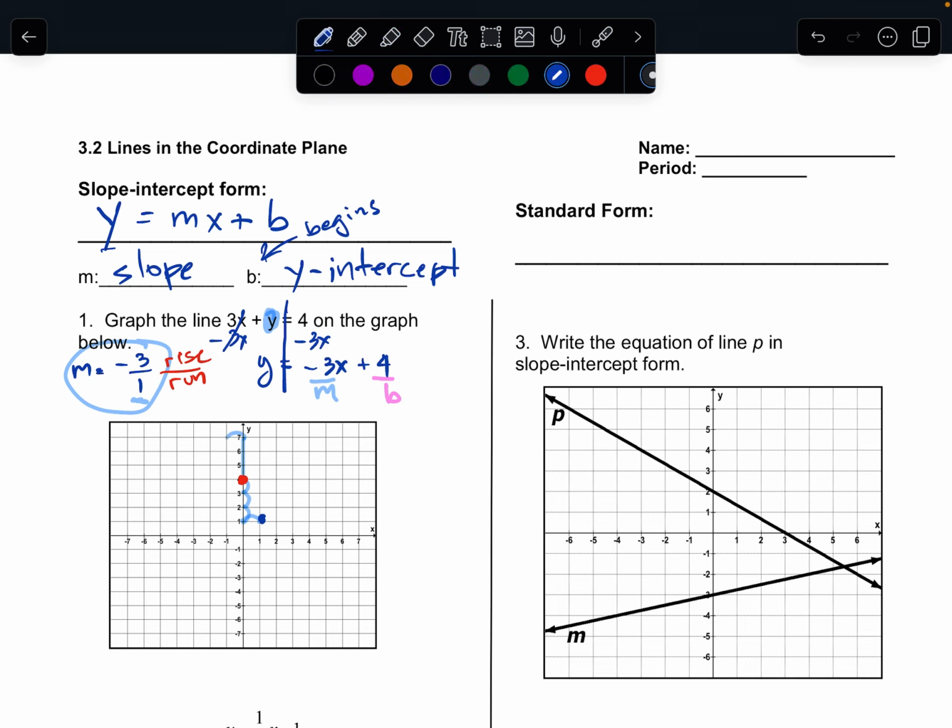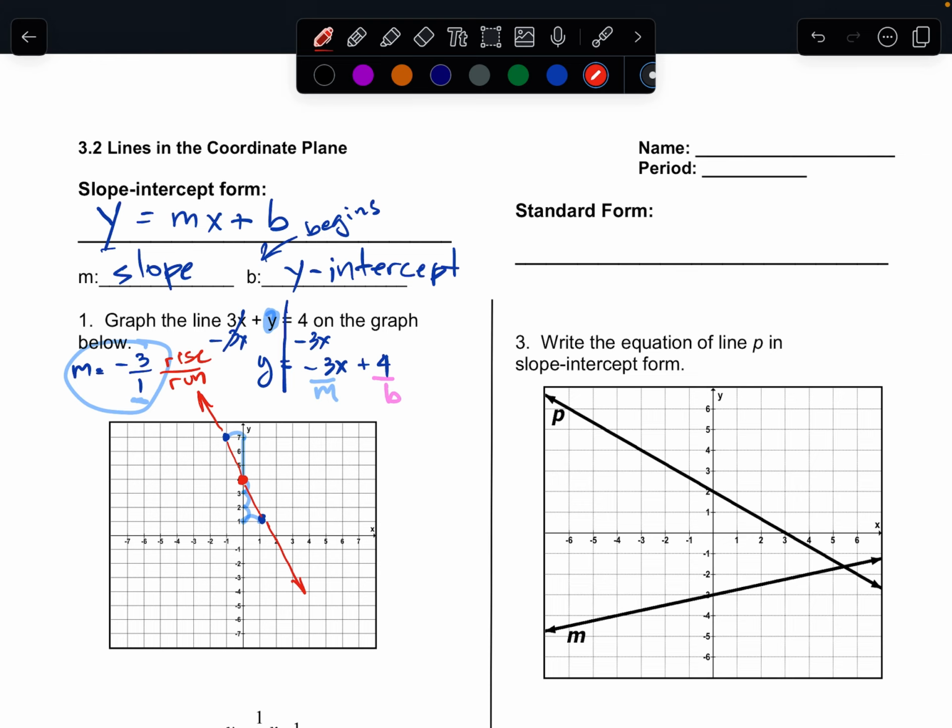So this is another point right here. Now my line goes through it. So I'm going to draw this line right here. So this is my line of y equals negative 3x plus 4.